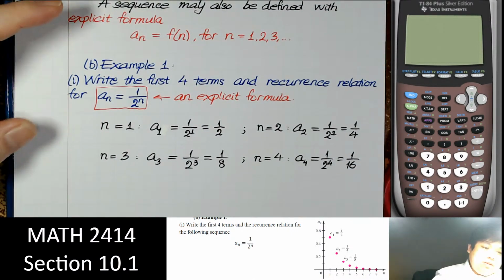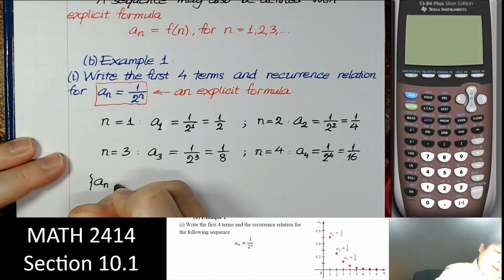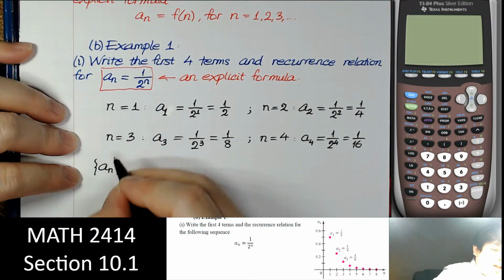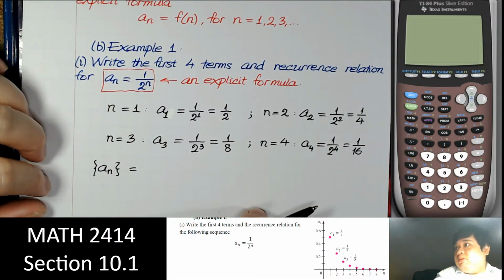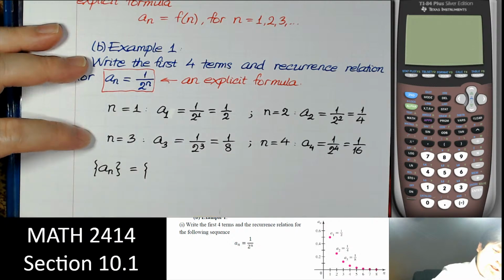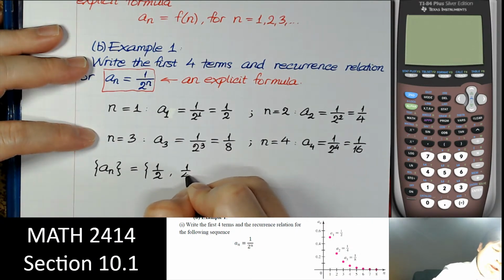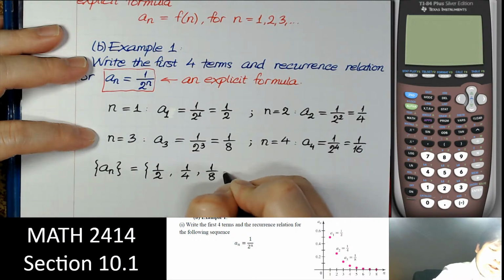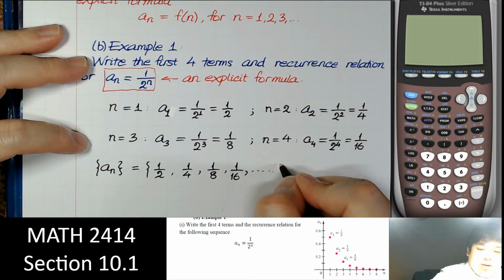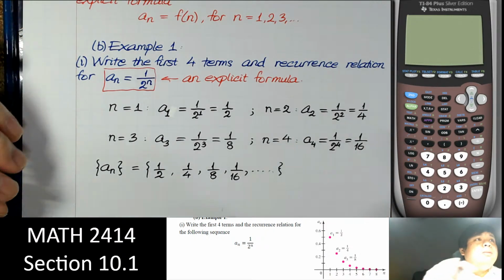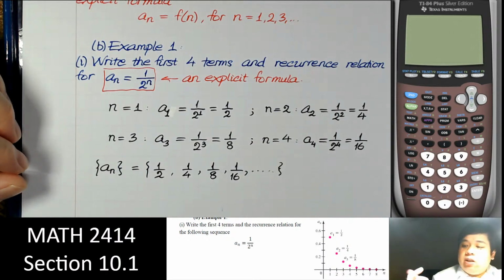So in that case, the sequence a_n is equal to, now just write down the terms: 1/2, 1/4, 1/8, 1 over 16, and so on. So that's just a set of numbers, right?